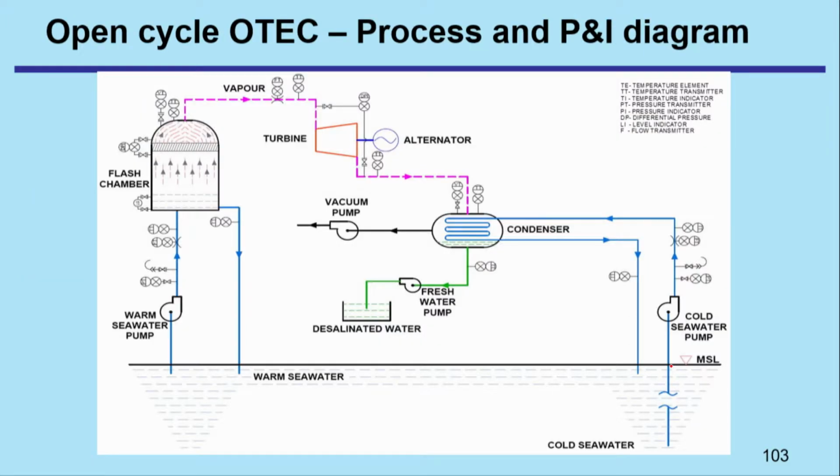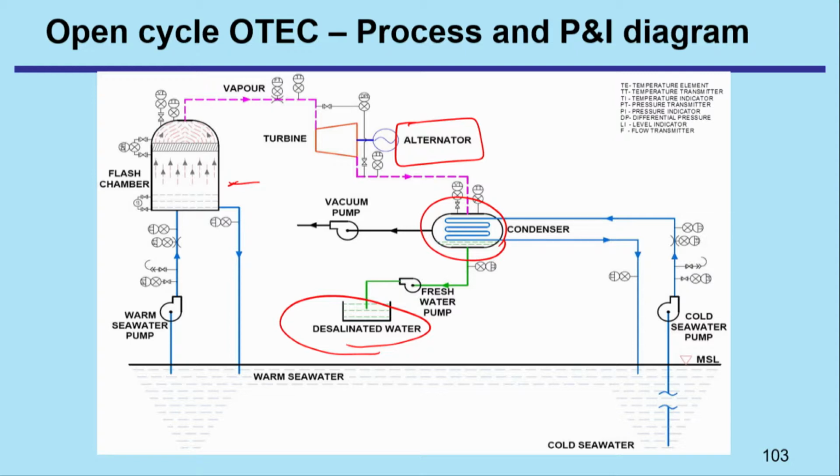So the work has started, and you see that the process and P&I diagram is similar to the one which I explained earlier. You have the turbine, the flash chamber, the condenser, and you can see that the desalination water is obtained here, and the power is again obtained using the alternator using the principle of OTEC. This is only a recapitulation.